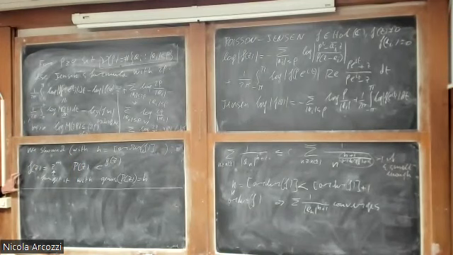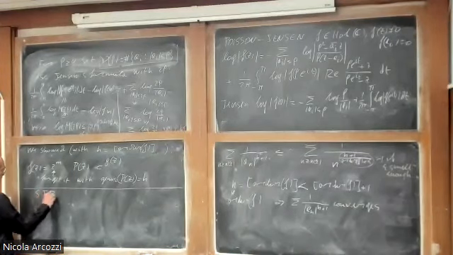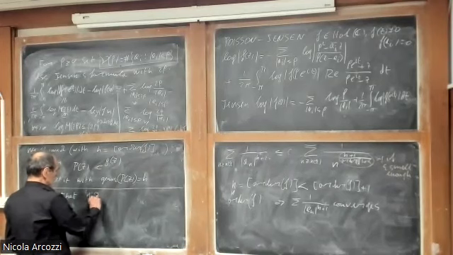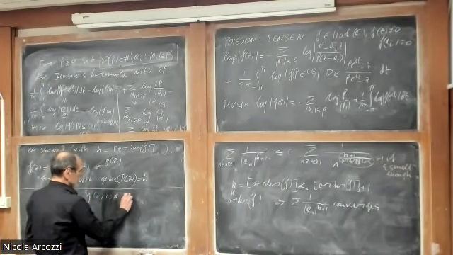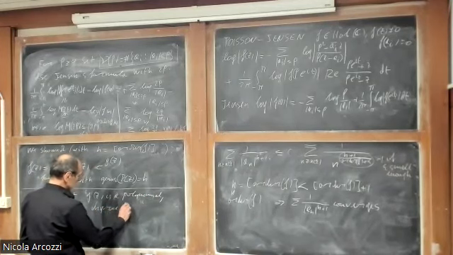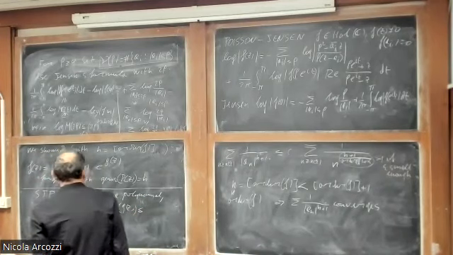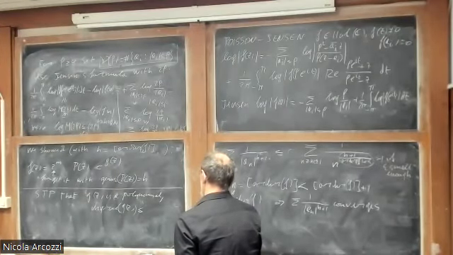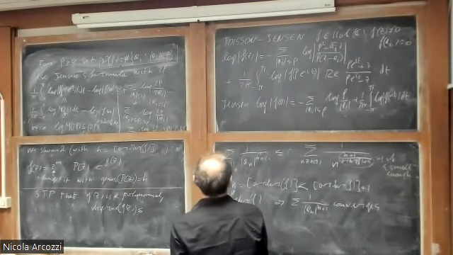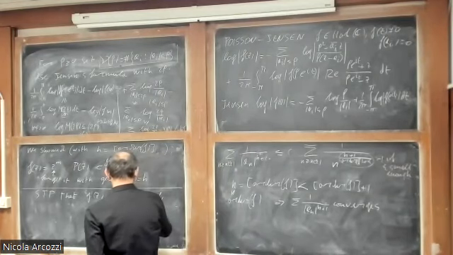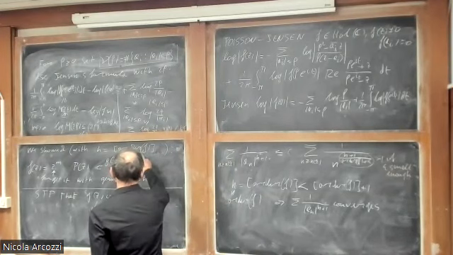So what we have to do now is to prove that G is a polynomial, and the degree of G is less than or equal to the genus, or the order.